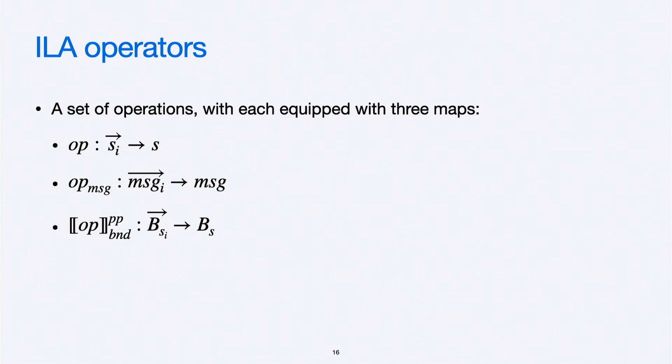The second says that for each operator there is a corresponding operator which can be run on the unencrypted data. These two come from the theory of the underlying FHE scheme, so this is kind of an axiom. We call it the commutativity axiom in our model. And the last one is our contribution, where we have a computation to find the bounds of the result after applying the operator.